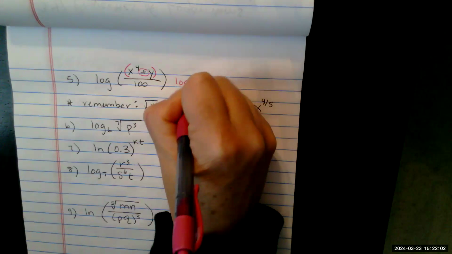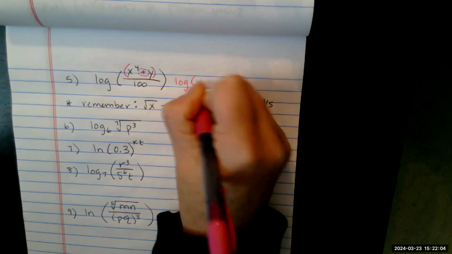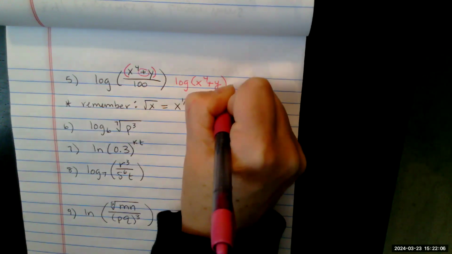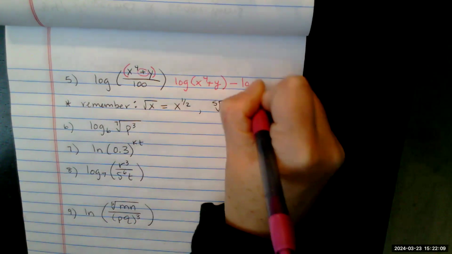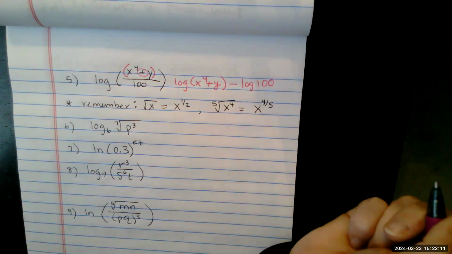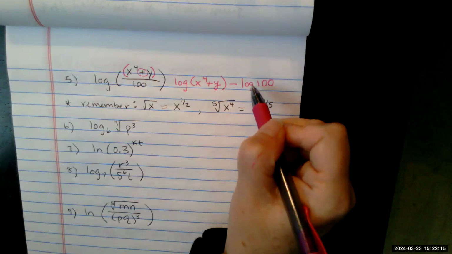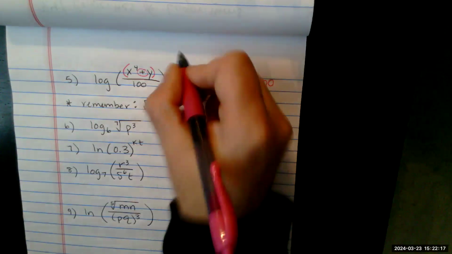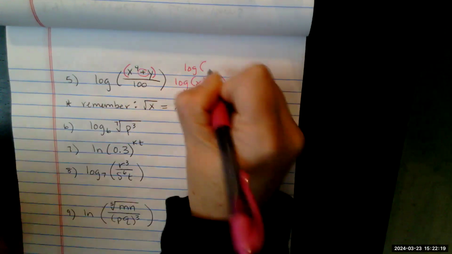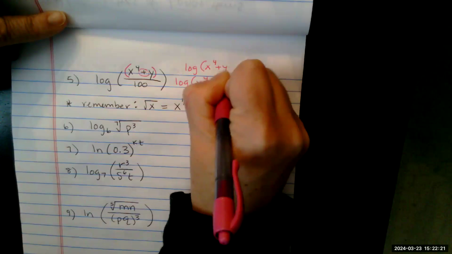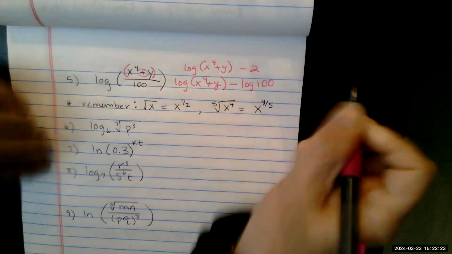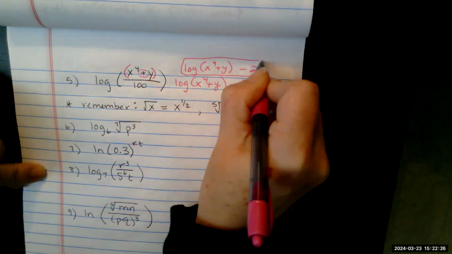So I need to rewrite this as log of x to the fourth plus y, minus log 100. And then this is the one I'm going to see if I can rewrite, which I can, because 10 to what power gives me 100? 2. So again, this first one cannot become any nicer, but the second one can become 2.